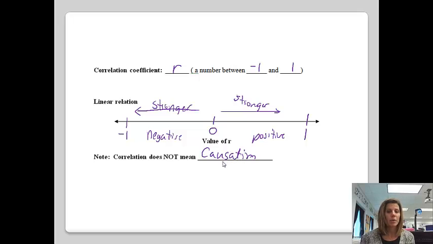As an example, if I was comparing somebody's shoe size and their reading level, there is definitely a correlation, because I'm sure if you drew a graph, the bigger someone's shoe size is, their reading level is usually higher. It doesn't mean that their feet growing caused them to be able to read better. It's probably that their feet were growing because they're getting older, and as they're getting older, their brain's developing, and that's what's causing the reading level to go up. So we just have to be careful when we do that. And I think that's all I need to say about vocabulary. So hopefully now you're ready to dig right in and actually find equations of lines of best fit.